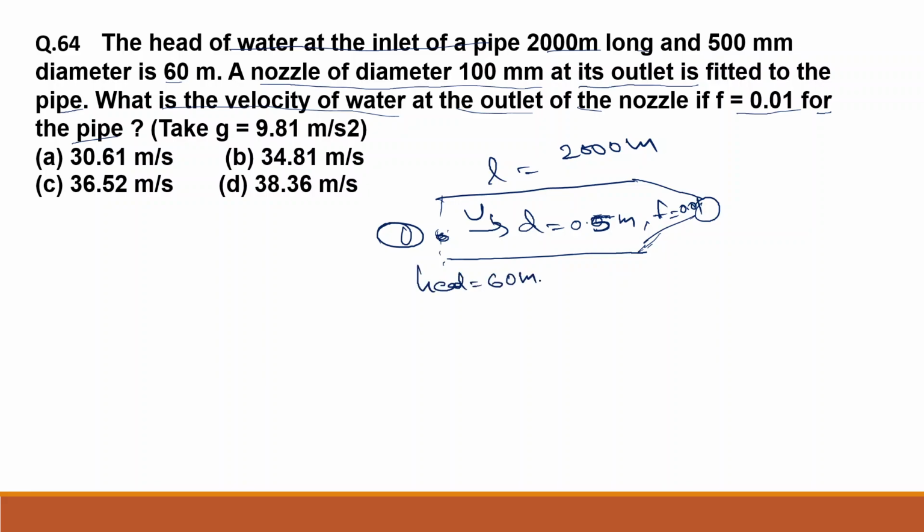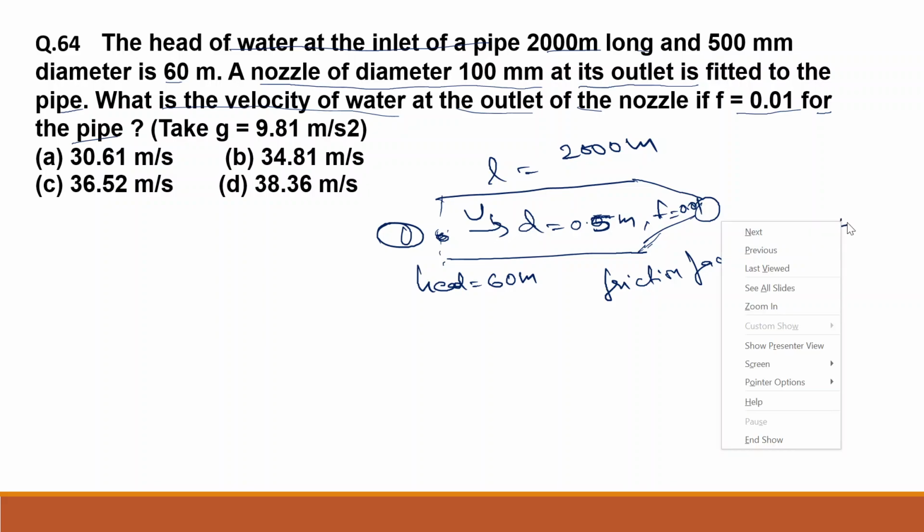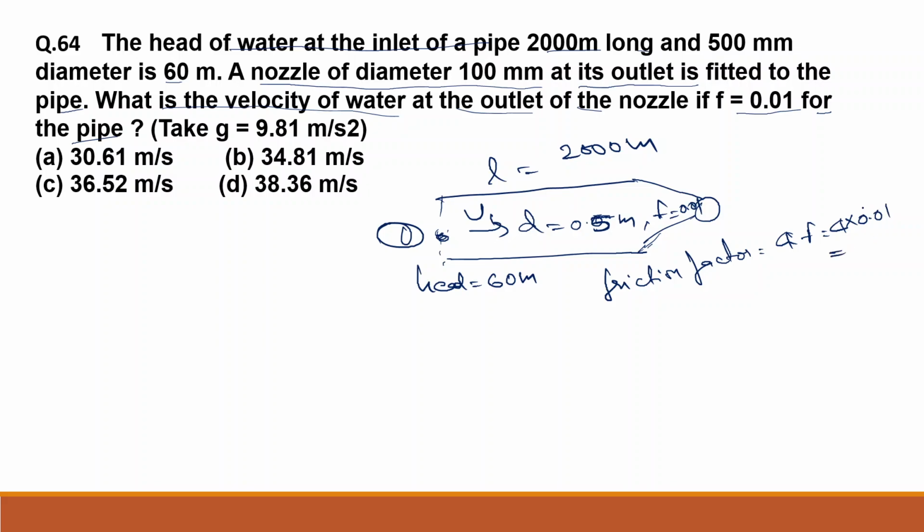Head is equal to 60 meter, and friction factor 4F is equal to 4 into 0.01 is equal to 0.04.